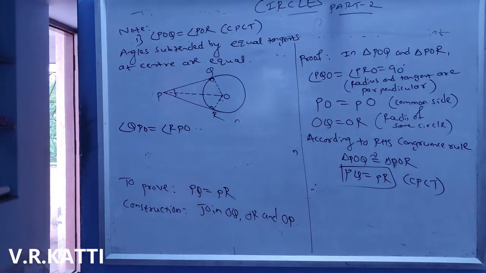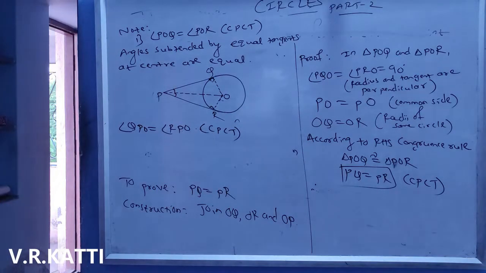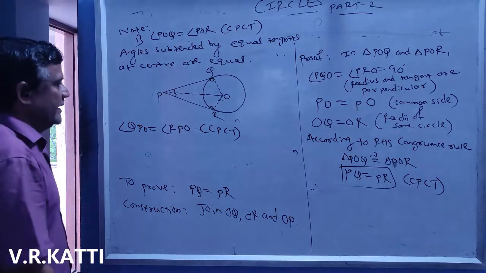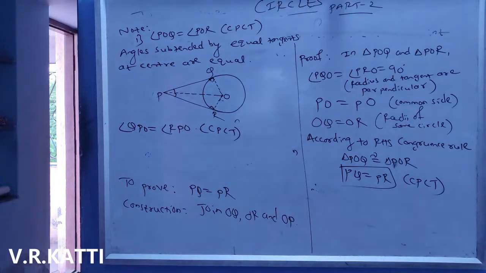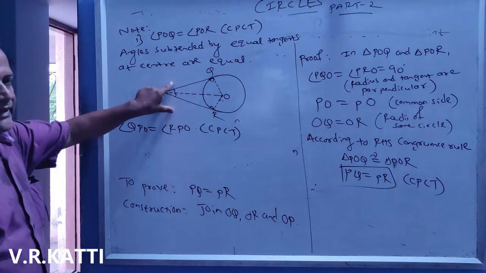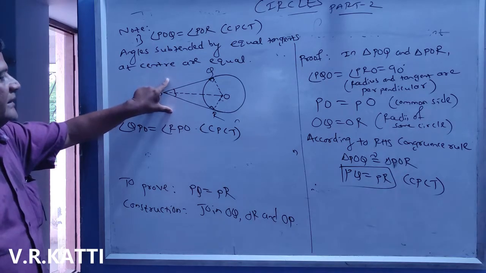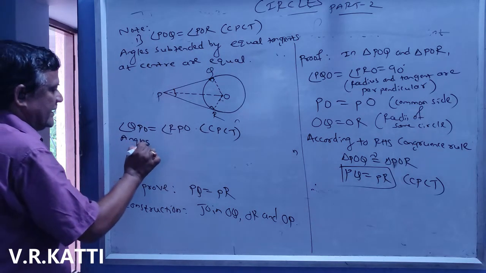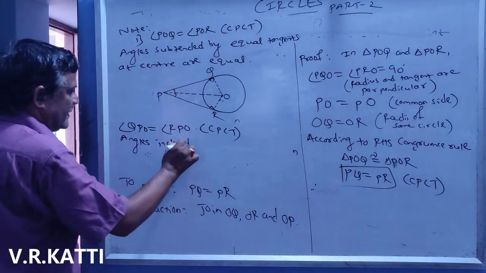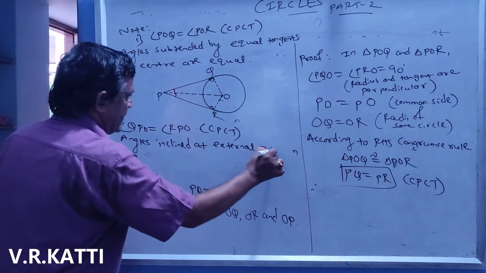It is also by CPCT. QPO equals RPO, CPCT. That is, angles inclined at the external point. Reason: angles inclined at the external point are equal.